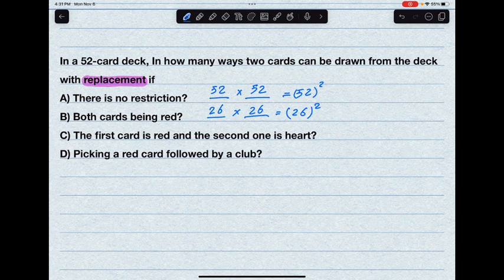What about part C? Part C says the first card is red and the second one is heart. Okay, so we have a kind of a condition. For the first one, it must be red, and the second one is a heart. So first one, red, we have 26 choices.